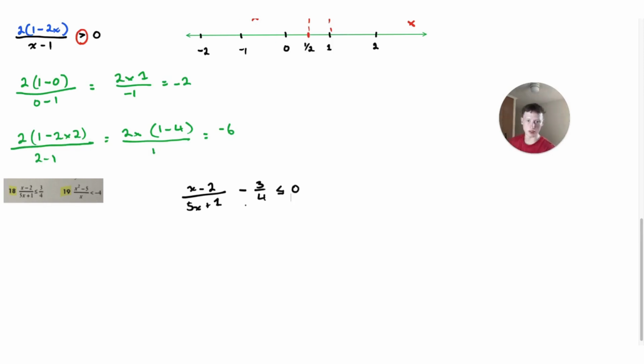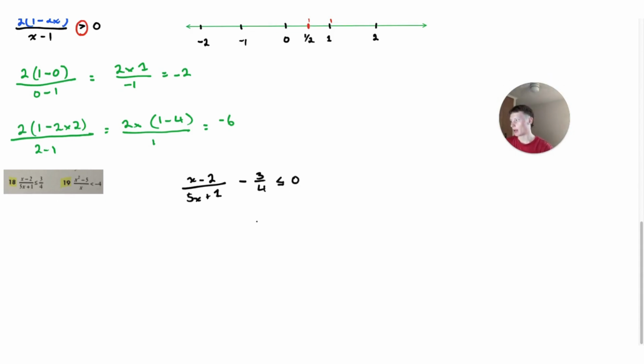Okay, and to test our knowledge with some more difficult ones, I want to have a look at both 18 and 19 quickly. So to start 18, I've just moved 3/4 to the other side. And now we've got to get these to a common denominator, which is a bit more labor intensive, because we've got to get 4's over here and then 5x plus 1's over on this right hand bit.